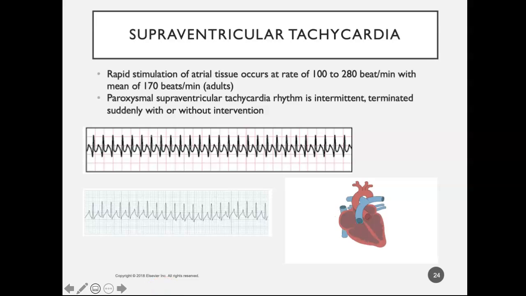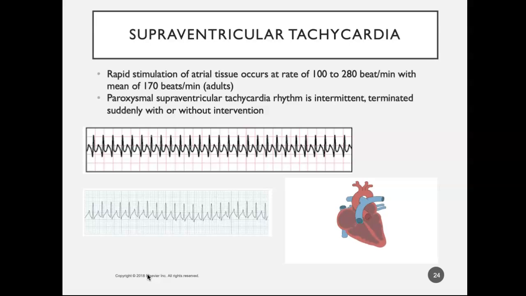I had a little technical difficulty. So this is called supraventricular tachycardia. Big word: supra means above the ventricles, so above the ventricles, tachycardia. So basically all this is saying is that this is a really fast tachycardia that is generating somewhere above the ventricles.